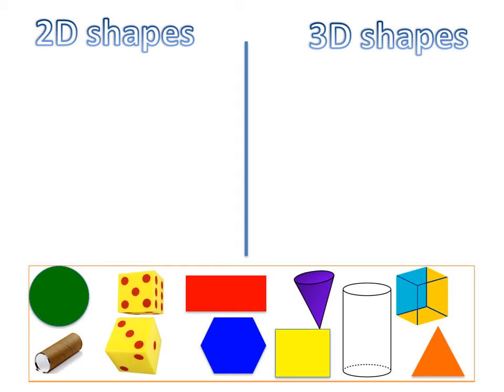Okay, so let's have a look and see if we can see some flat shapes. So yes, we've got a circle over here. We know that this is a flat shape compared to a cylinder that is round also, but it's three-dimensional. It is not flat.